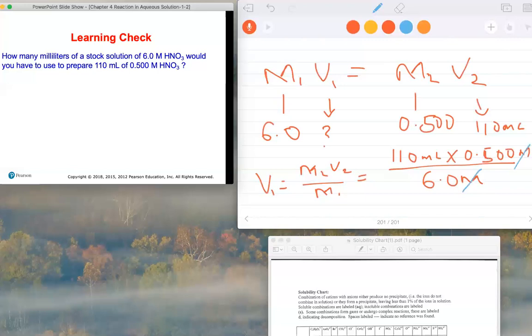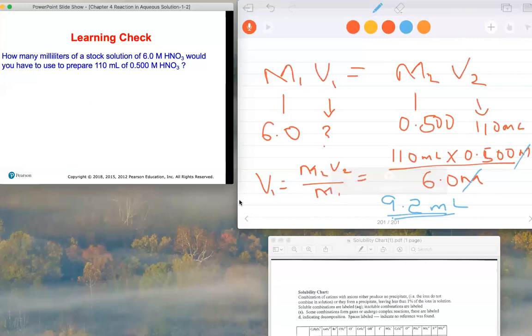I end up with around 9.17. Going with significant figures, 9.2 ml.